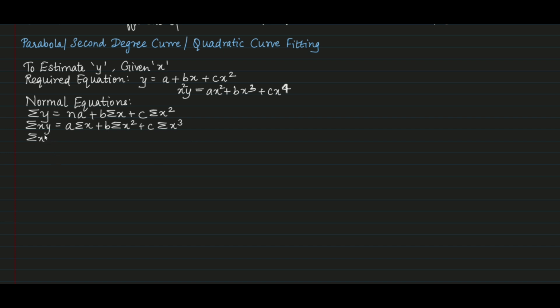So summation of x square y is equal to a summation x square plus b summation x cube plus c summation x to the power 4.